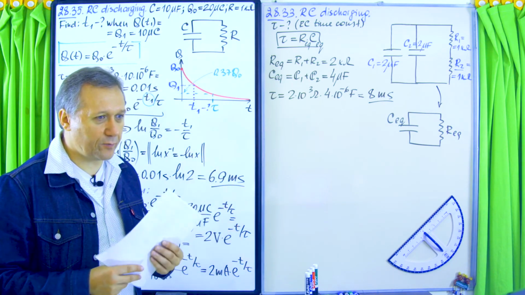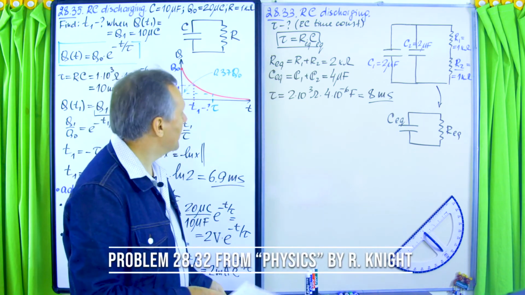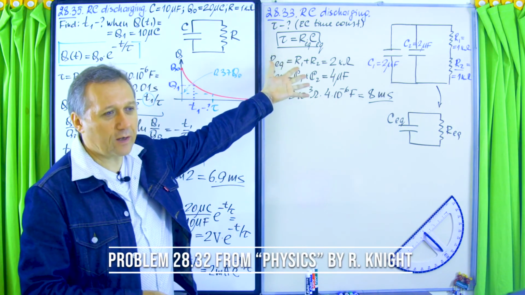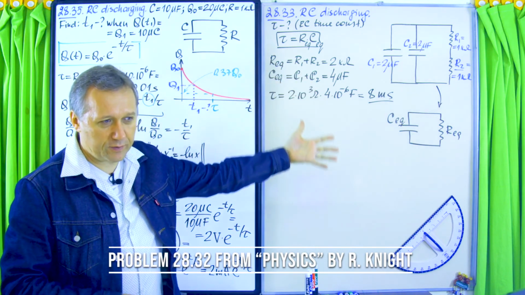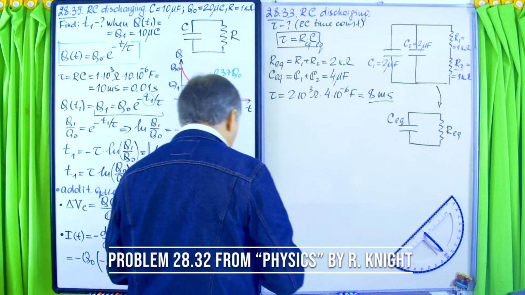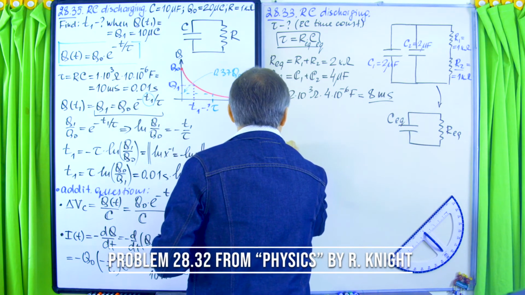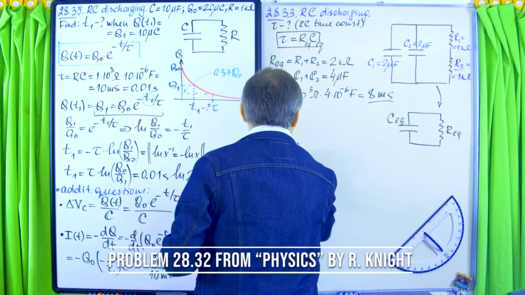And the last thing before we move to the new world, let me just quickly show that actually the product of R and C gives us units of time. Let's just play with units. So problem 32, 28, 32.